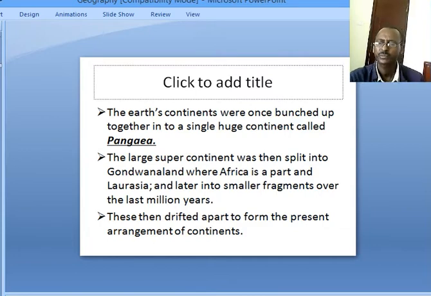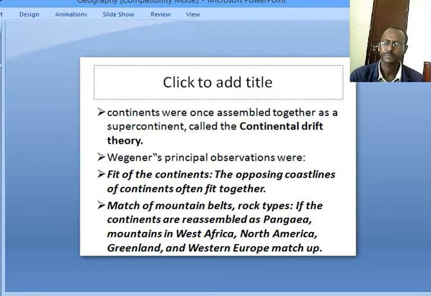This then drifted apart to form the present arrangement of continents, meaning that finally it gave us the current shape of continents.